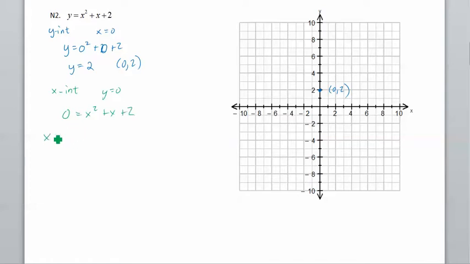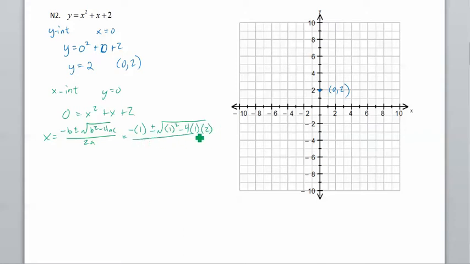So we're going to go x equals negative b plus or minus the square root of b squared minus 4ac, all over 2a. So negative b is negative 1, right? Plus or minus the square root of b squared minus 4 times a times c.